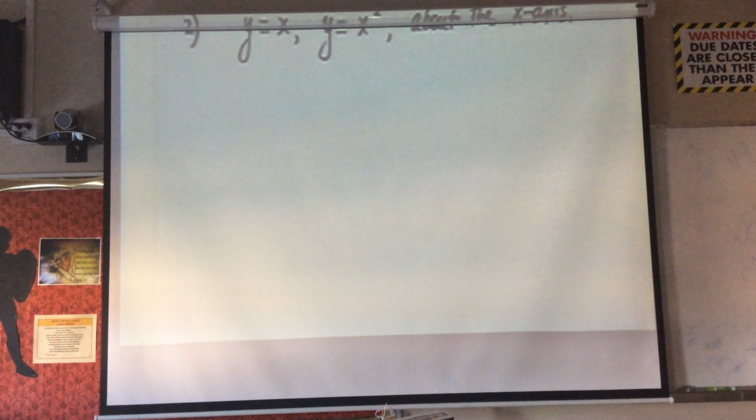Okay, so let's go quickly and graph this. So I have x, one function, then I have x squared, the other function. And when we graph this, this is the line, and this is the parabola.